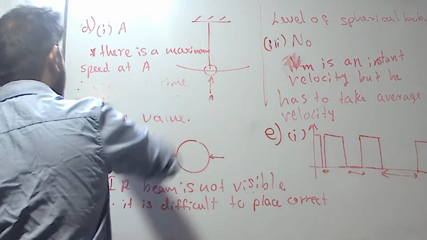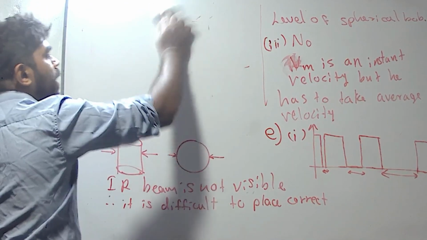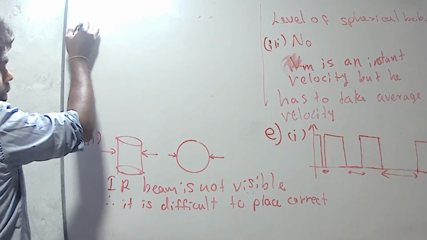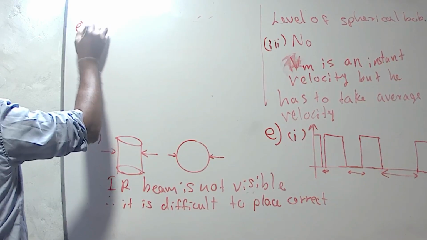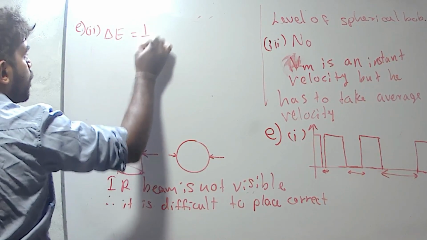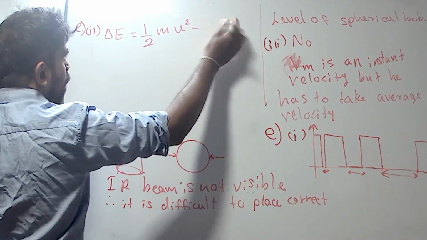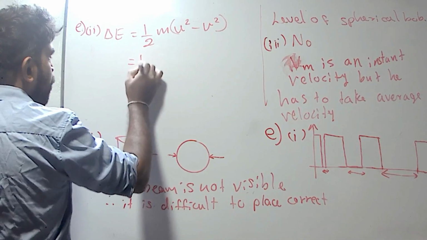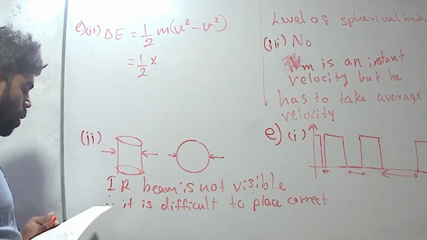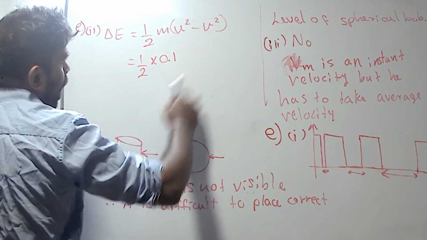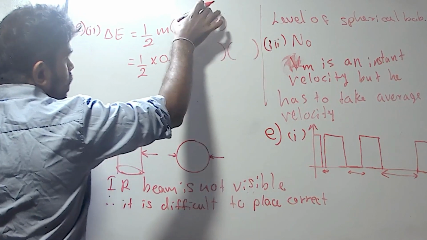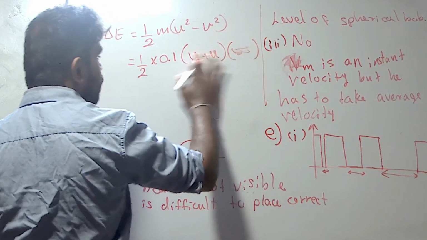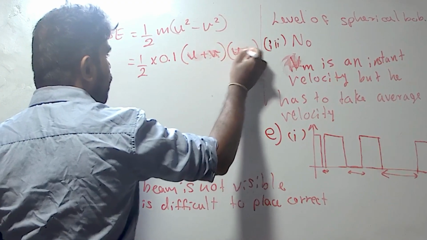Now we have to consider the equation for kinetic energy. We can write energy loss equals half m u squared minus half m v squared. I will consider half m as a common factor. Half into the mass of the pendulum bob, 100 grams, which means 0.1 kilograms. We can write the difference between two square terms as u plus v and u minus v.